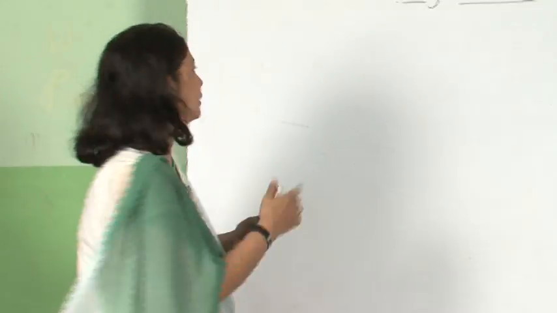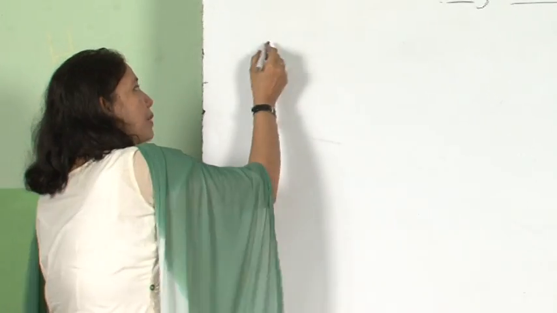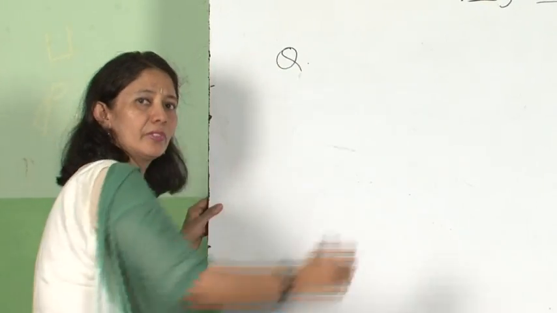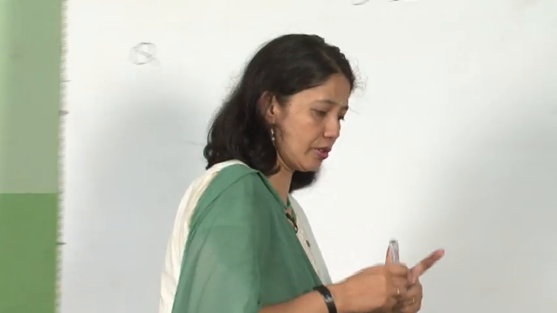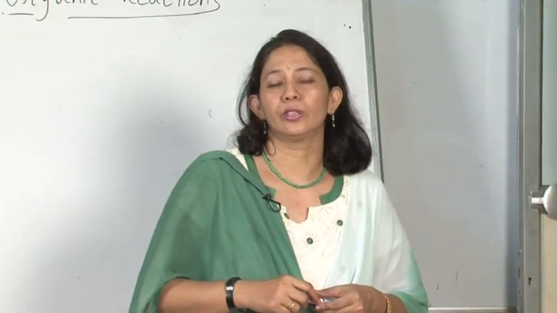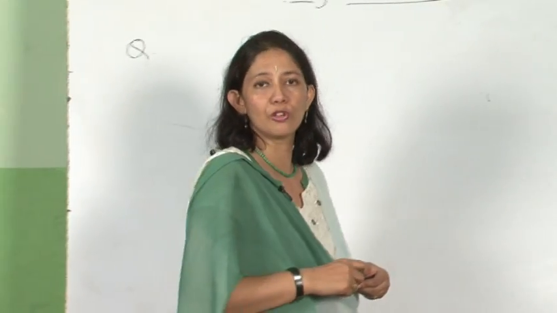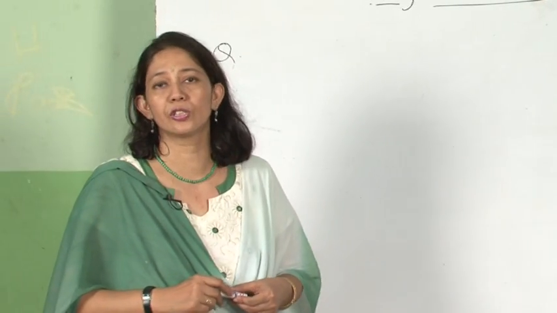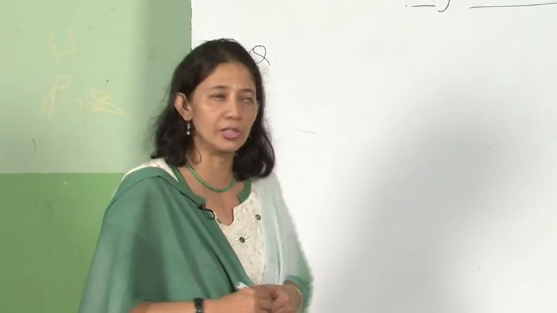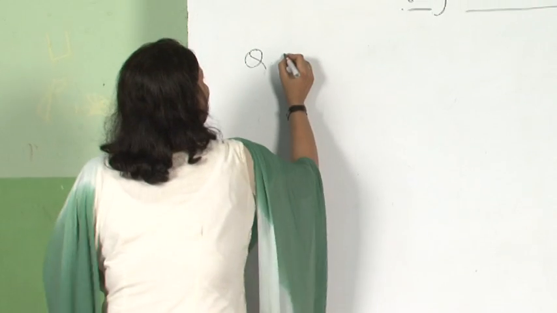Now let me take another reaction. This I am writing in the form of a question. Please note it down. The question can be, give the preparations of primary, secondary and tertiary alcohol with the help of Grignard's reagent.